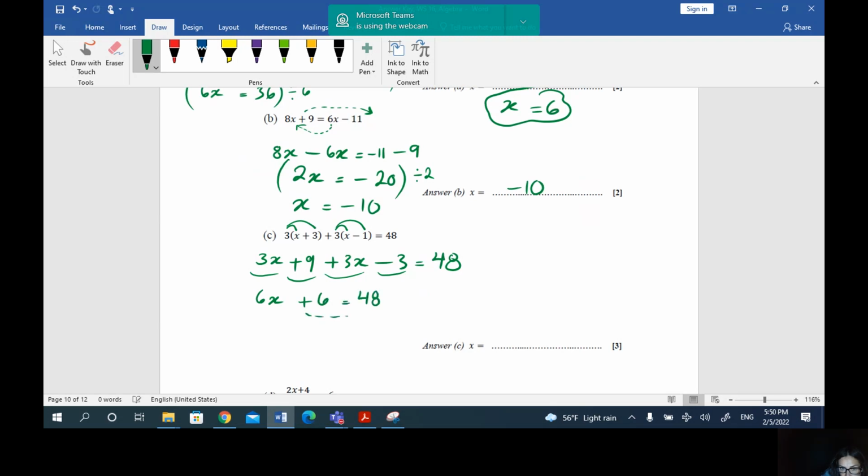And then we're going to send this to the other side of the equal because we're isolating x, or we're solving for x. So 6x is equal to 48 minus 6. So 48 minus 6, 6x is equal to 42. Divide all by 6. So x will be 42 over 6 and x is going to come down to 7.